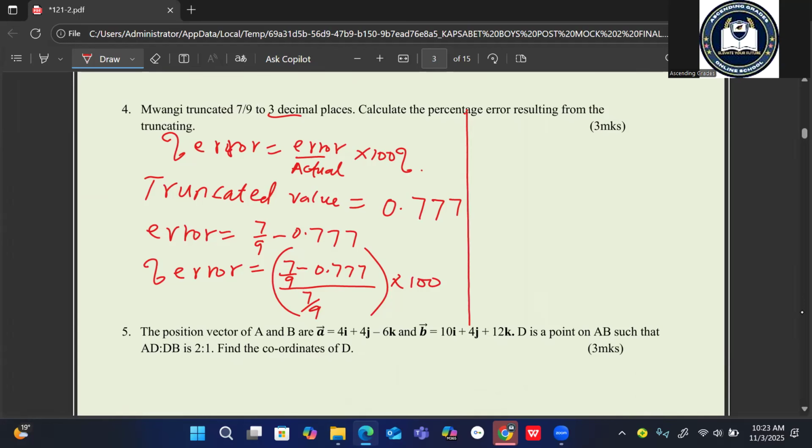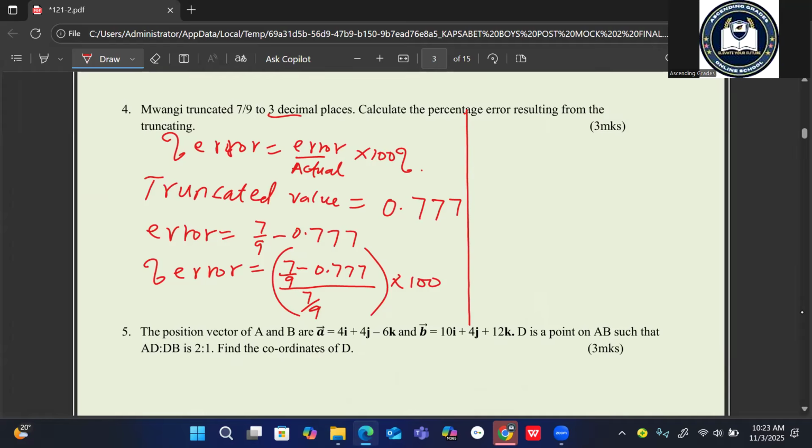So we are told to calculate the percentage error, and the percentage error, we have said that it is error out of actual. We multiply by 100%. So we obtain the truncated value. It is 0.777. So our error will be 7 out of 9 minus 0.777. So our percentage error will be equal to 7 out of 9 minus 0.777 out of the actual value, that is 7 out of 9.